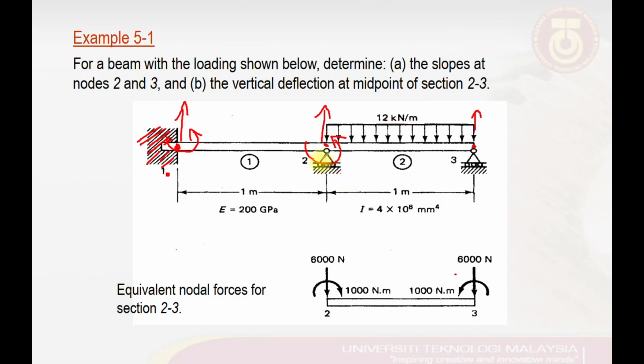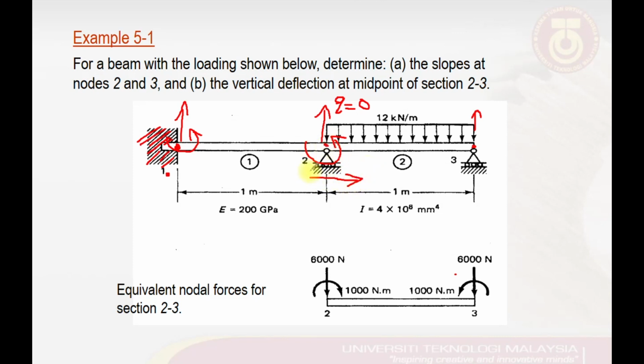At node number 2, which is where the structure is supported by a pin roller, that means the translation here, if we take the Q here, will be equal to 0, and the pin will allow the rotation to occur at this particular point.